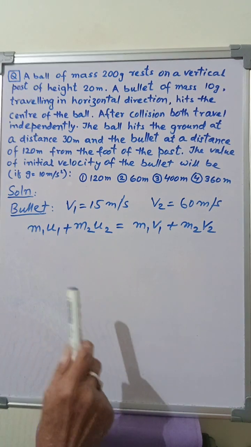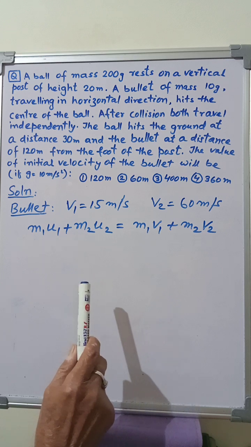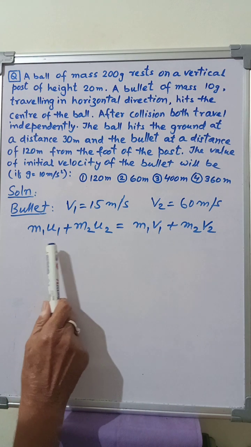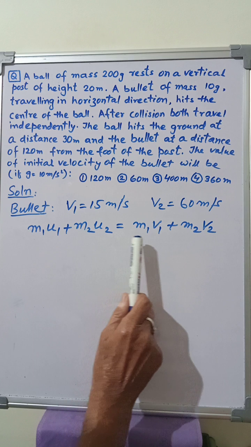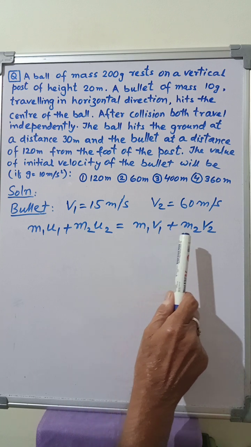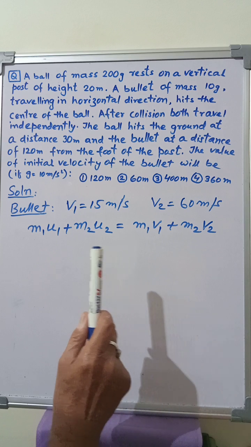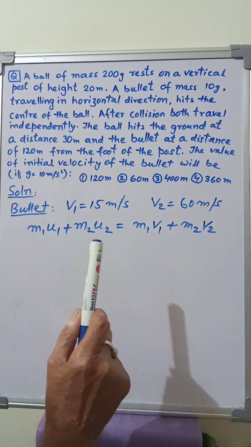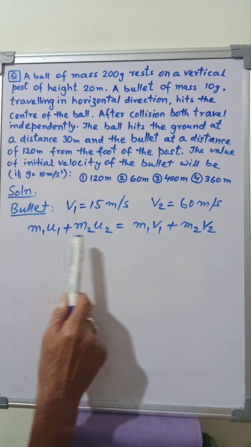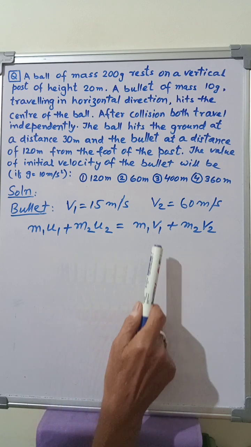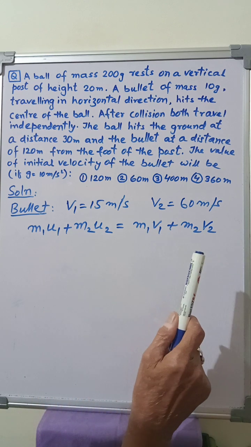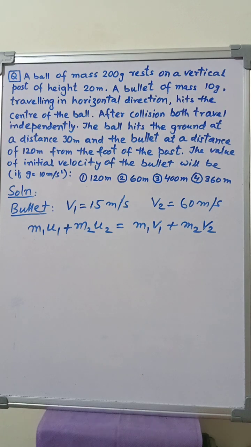So we write the equation for the principle of conservation of linear momentum. m1 u1 plus m2 u2 should be equal to m1 v1 plus m2 v2, where m1 and m2 are the masses of the ball and the bullet respectively, and u1 and u2 are the initial velocities, and v1 and v2 are their final velocities after collision.